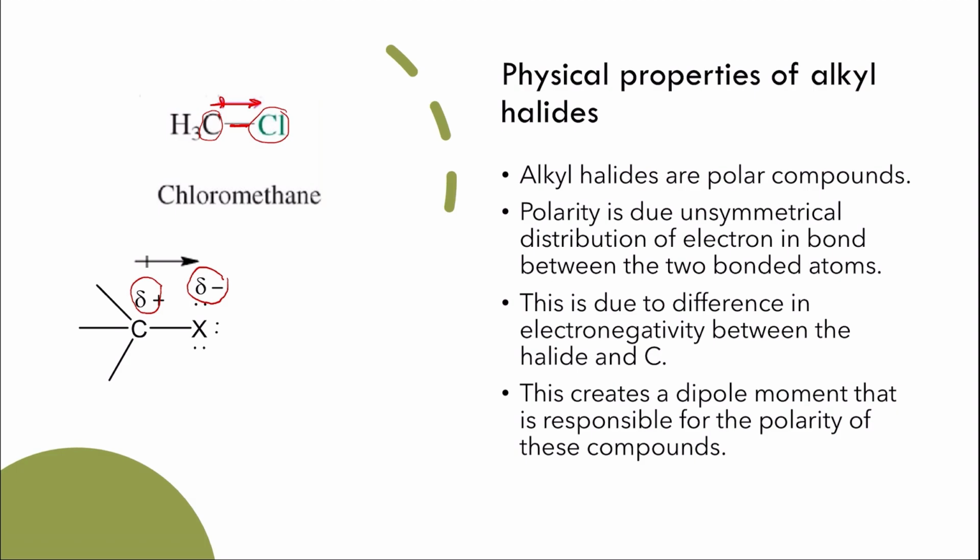And this polarity affects both the physical properties of alkyl halides and also their chemical properties, or their reactions. So let's look at the effect of polarity on the intermolecular attraction, or the physical properties.